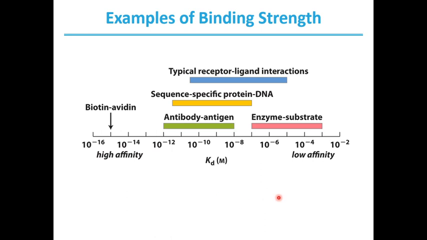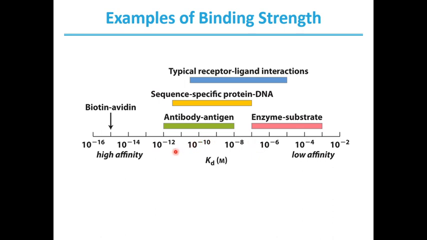Sequence-specific protein-DNA interactions reflect proteins that bind to a particular sequence of nucleotides in DNA, as opposed to a general binding site to any DNA site. And that has a range of Kd between 10 to the minus 11 to 10 to the minus 7 molar.